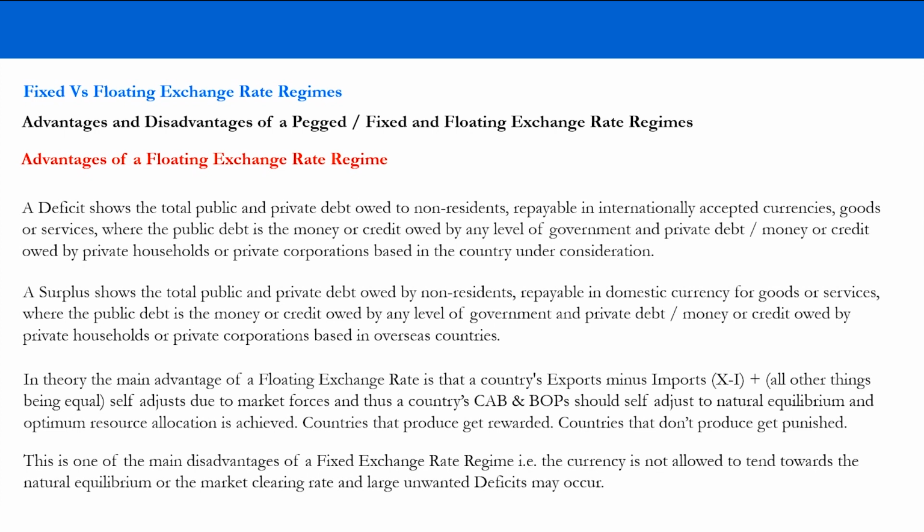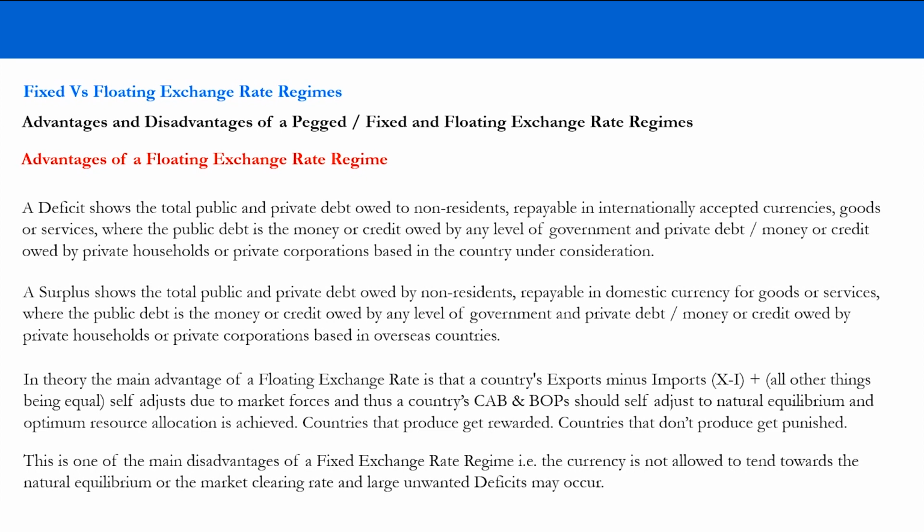Basically, what that's saying is that if you run a deficit, you owe money to other countries in international currencies, and if you run a surplus, you are owed money in your domestic currency.